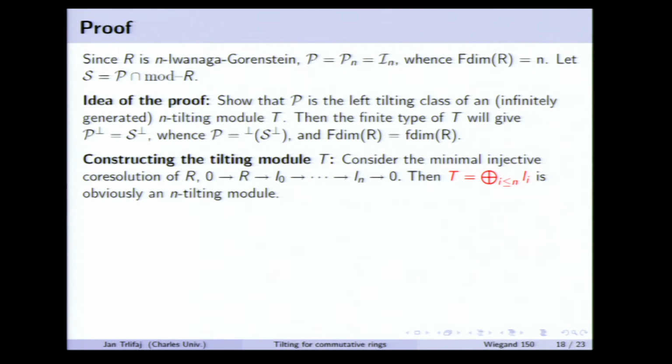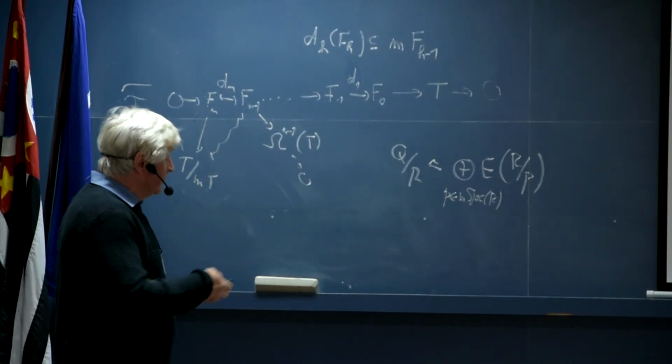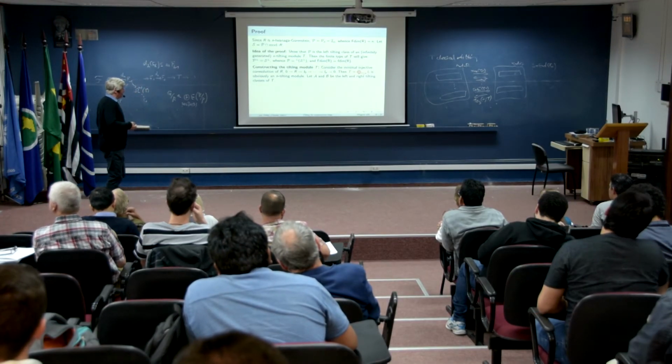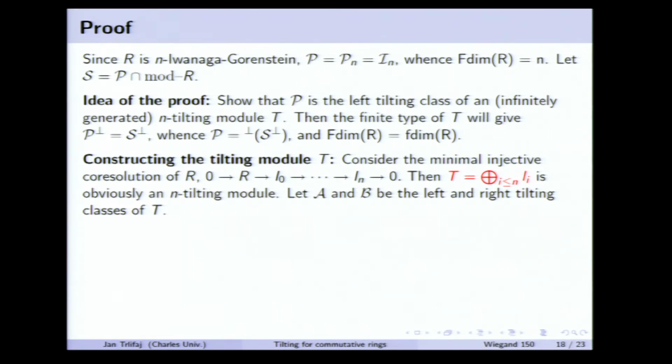And this will be the tilting module. So note that this is very infinitely generated, even in the commutative case, of course. Injectives are rarely finitely generated. So this is a tilting module because it's injective. This is condition T3, and the Ext vanishes because it's injective, so it's trivial.